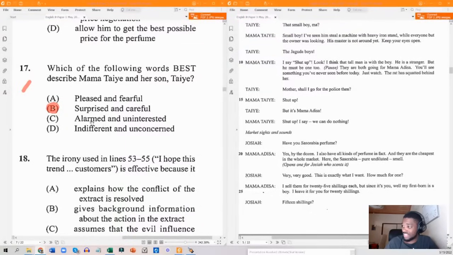Alarmed, we could say that Taiye is alarmed, but neither of them is uninterested. So it couldn't be C. Indifferent is basically the same as uninterested here, and that is wrong. They're definitely not unconcerned. No one is pleased about what's going on. Fearful, maybe. But B, we have both words that are correct here. Surprised and careful.